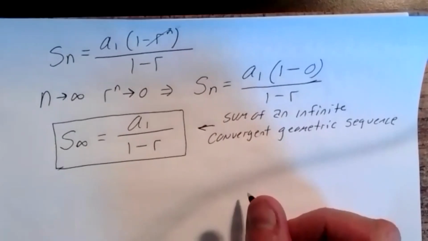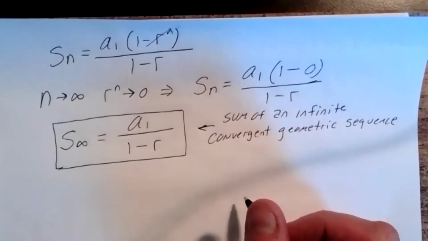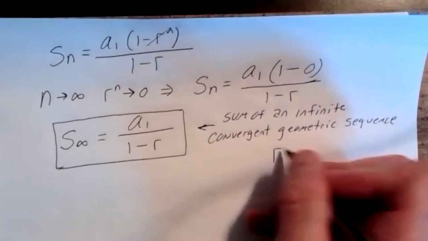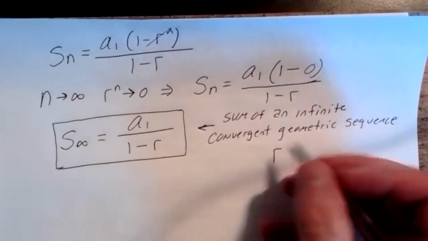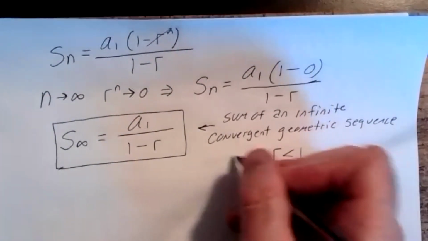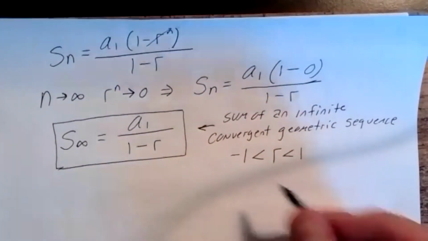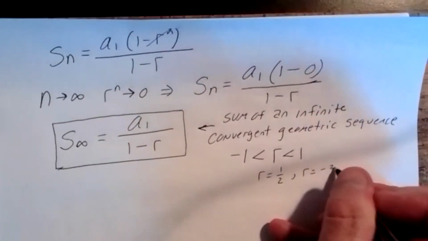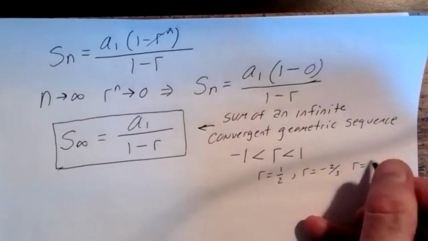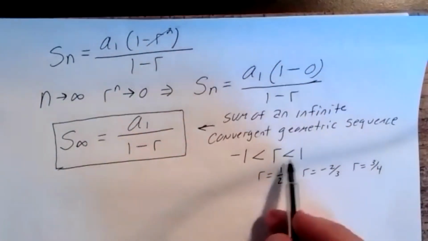And in order for our geometric sequence to be convergent, ladies and gentlemen, what must be true about the common ratio? Do you remember? R has to be between what and what? -1 and 1. Between +1 and -1. Meaning R could be like a fraction, like 1/2, or R could be like -2/3, or r could be equal to 3/4, or any sort of fraction between 1 and -1.